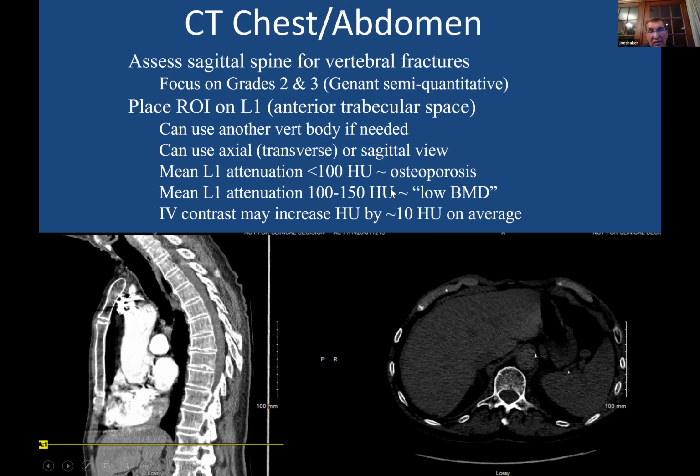And roughly, if it's less than 100, that's osteoporosis. 100 to 150 is low bone density. And if they've already had high IV contrast, I subtract 10. This is crude, but it gives us additional information that's already there in the chart that you can then assess without doing additional imaging.